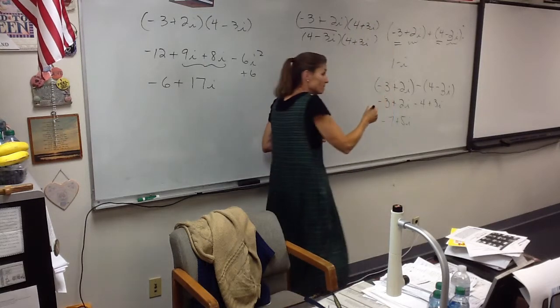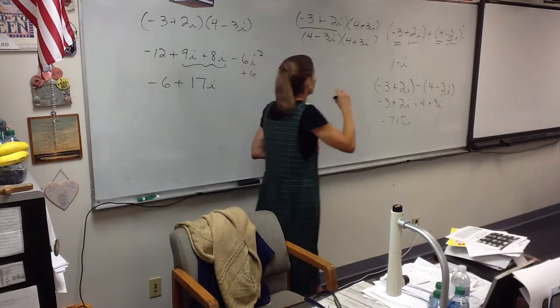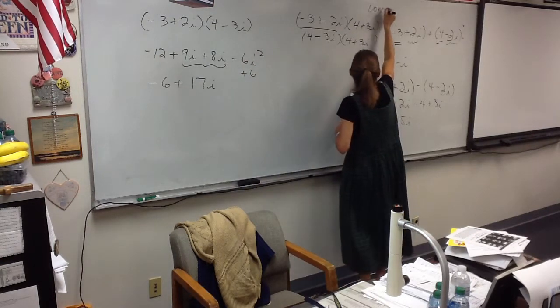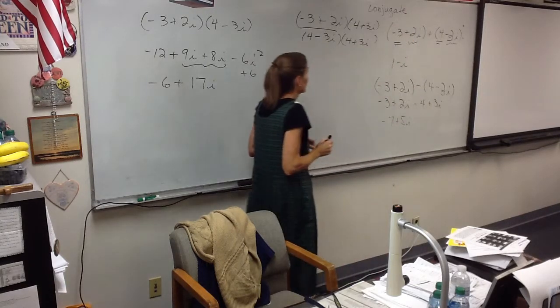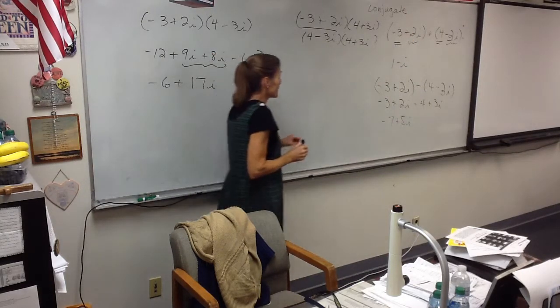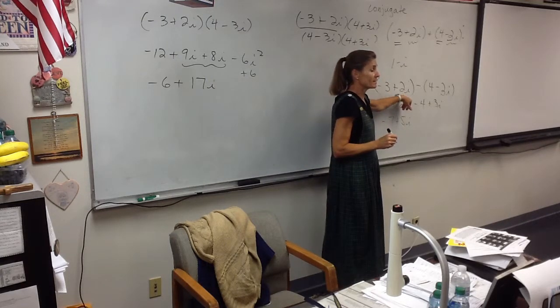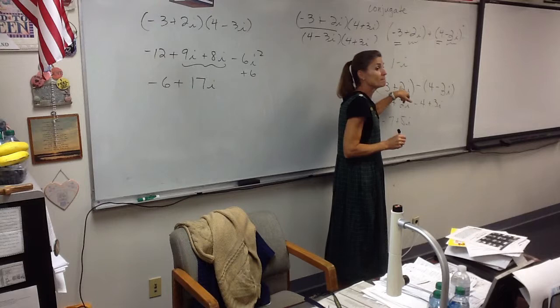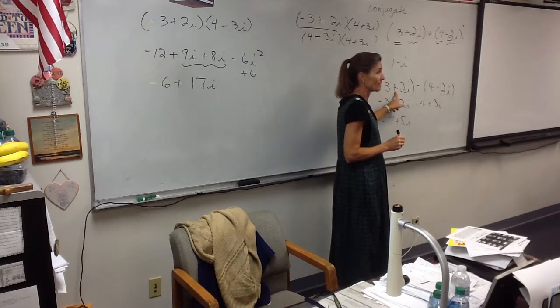What do we call that? Not the reciprocal. It's called the conjugate. Be careful, what would the conjugate of negative 3 plus 2i be? Negative 3 minus 2i. Remember, when you take the conjugate, you only change this sign right here.